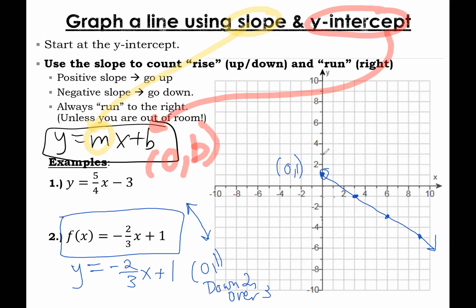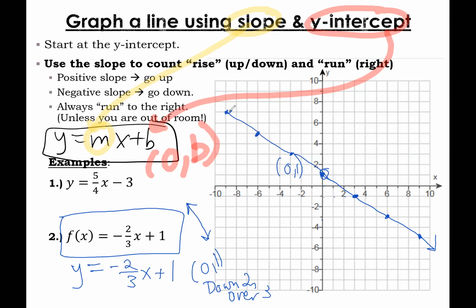So let's sort of back it up. So instead of down 2 over 3, we'll go up 2 and to the left 3. So again, down 2 over 3 is what we did before. Now we'll go up 2, back 3, up 2, back 3, up 2, back 3. You're just continuing the pattern.